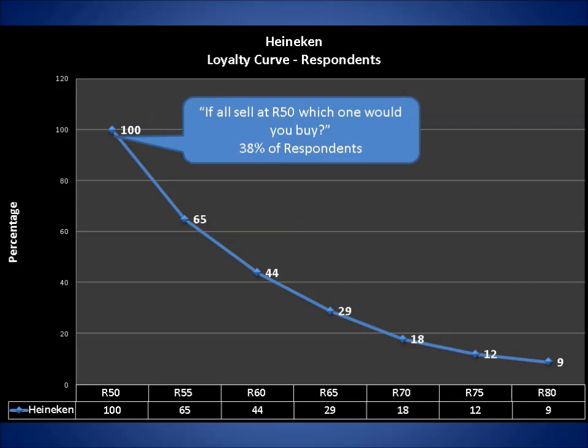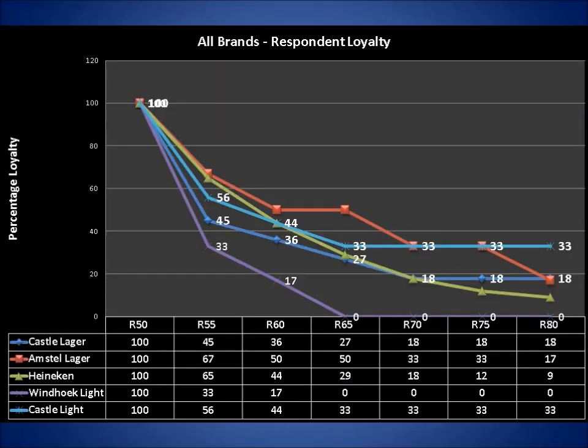It sells at 65 Rand, which is what it normally does. 29% of the respondents said they would buy it. So we've set up some comparison. You now understand a brand loyalty curve works for the respondents that said they would buy the brand if it sells at parity, 50 Rand each.